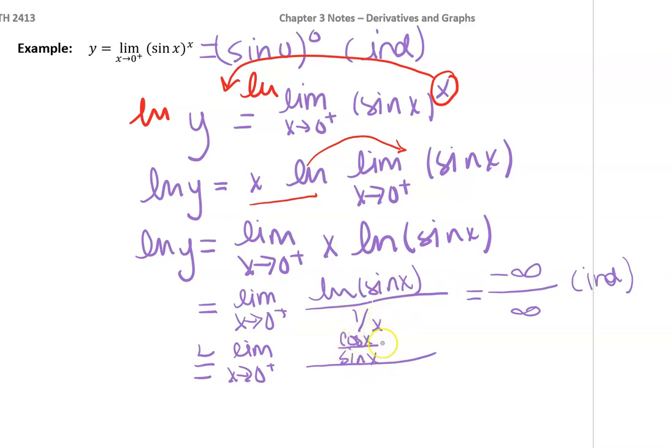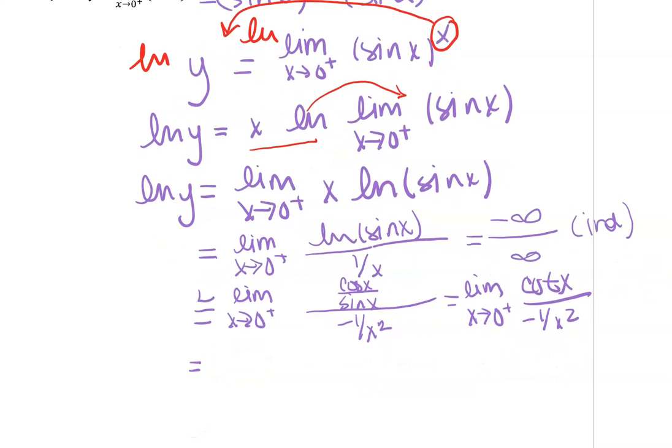The derivative of that 1 over x is negative 1 over x squared, or negative x to the negative 2 if you prefer. Can't forget all your trig functions. This is the limit as x approaches 0 from the right of cosine over sine, which is cotangent, over negative 1 over x squared. I do want to evaluate this limit, so I'm going to bump this back up.